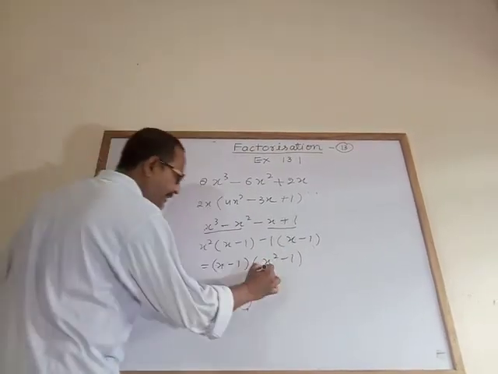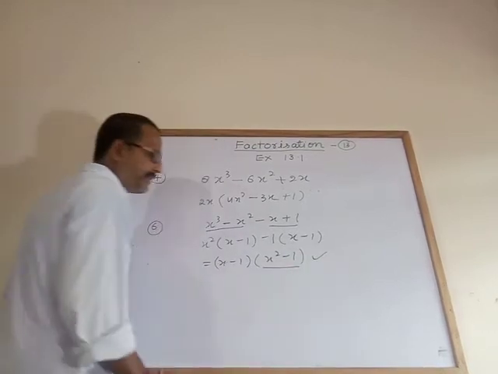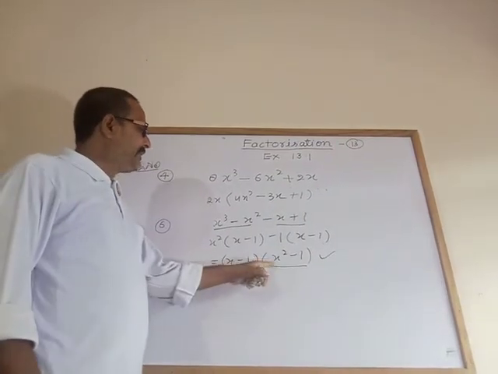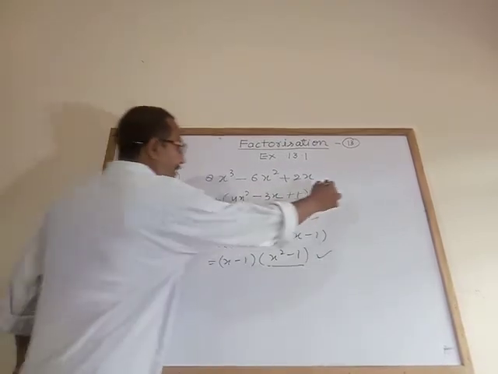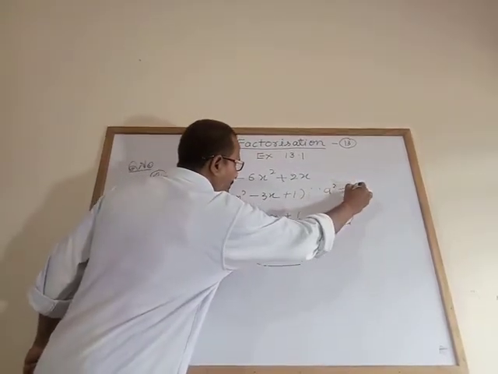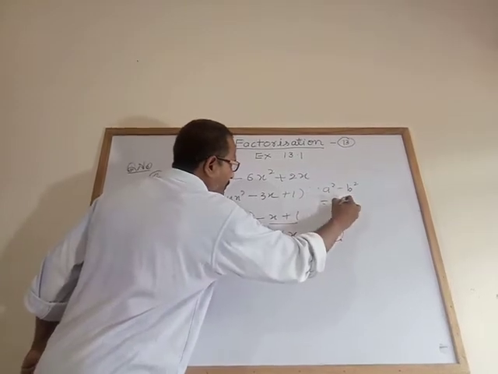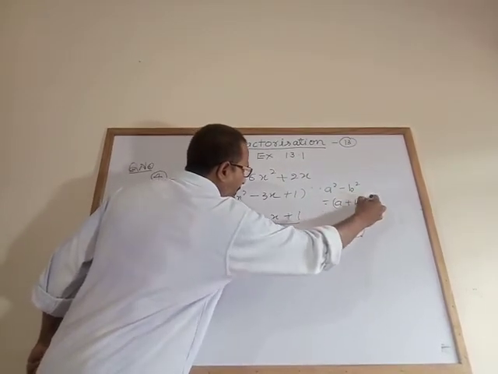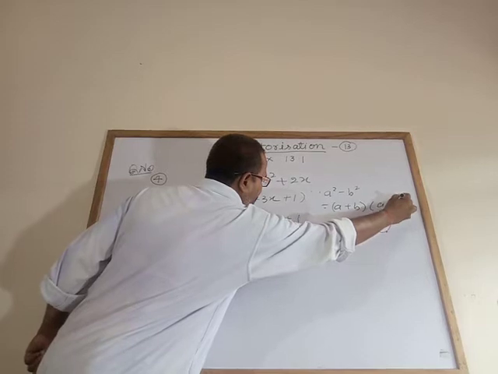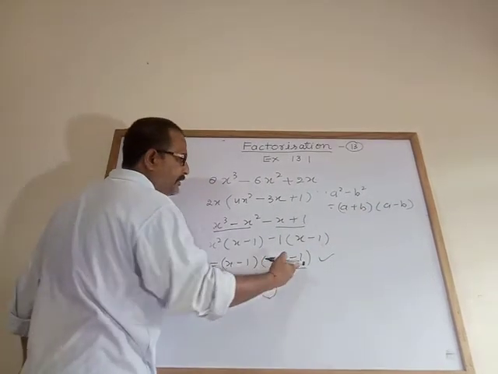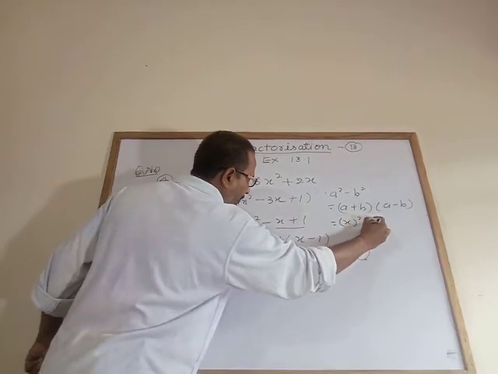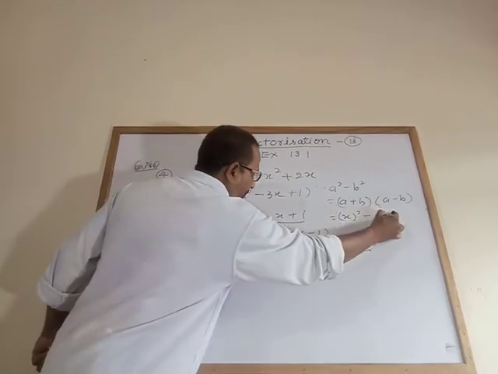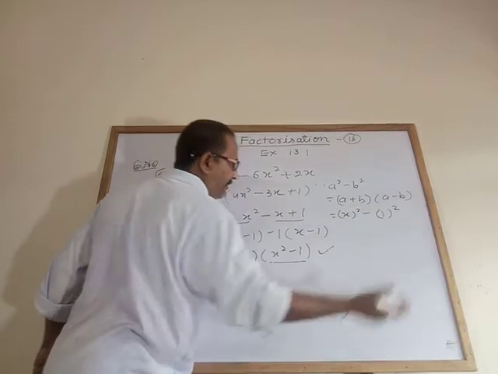Now see this, if you write the answer up to that, that is correct, but see this one by using the identity a square minus b square is equal to a plus b and a minus b. See that x square minus 1 can be written as x square minus 1 square, because square of 1 is 1.